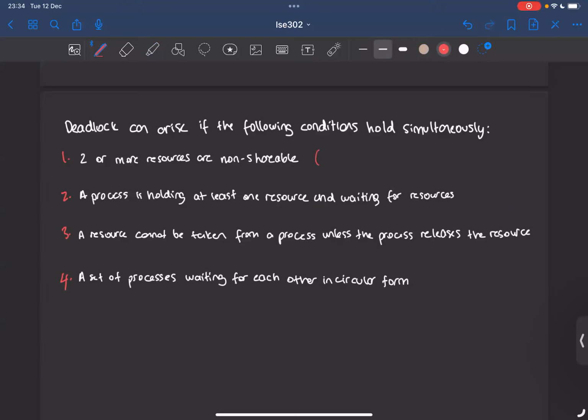This condition is namely the mutual exclusion condition. Or a process is holding at least one resource and waiting for another resource. This condition is named hold and wait.